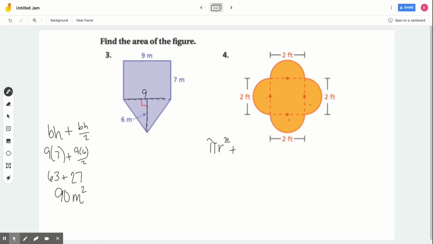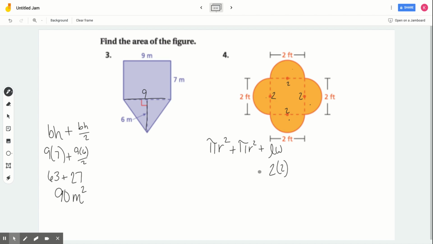So pi times radius squared plus pi times radius squared plus the area of my square. Now here you can see that it's marked the diameter as 2, and we know that all sides of a square are the same. So 2 by 2, or length times width, to get my area of the square.